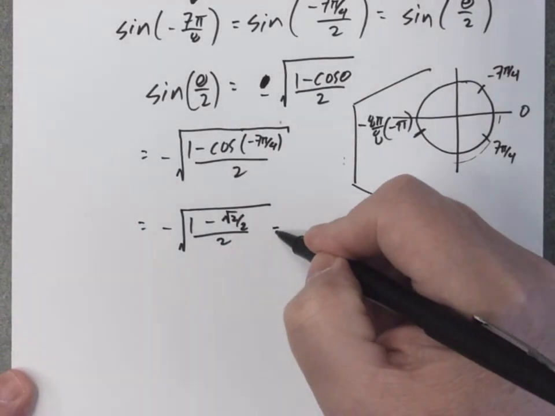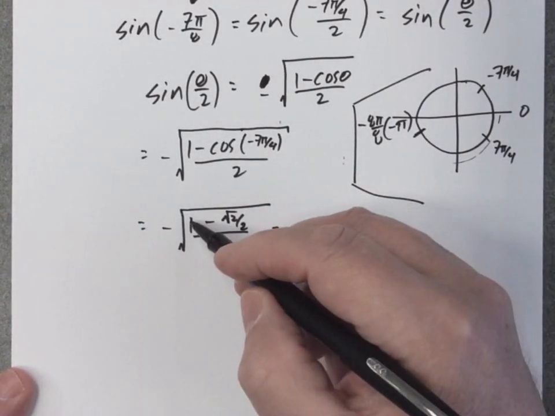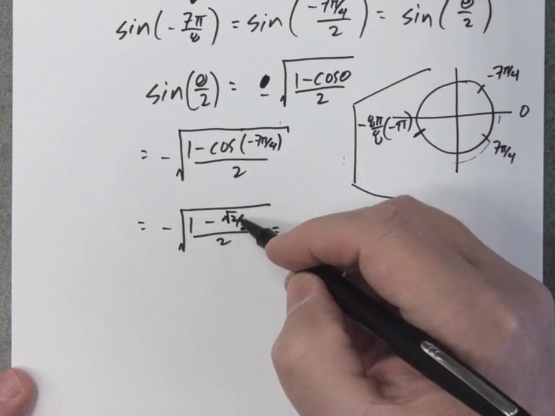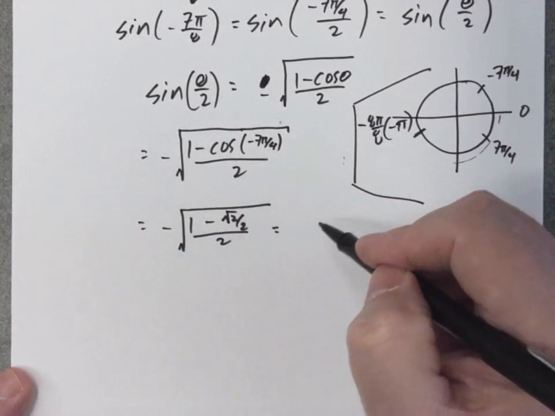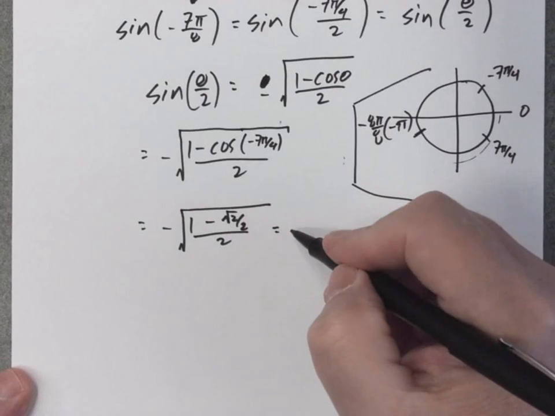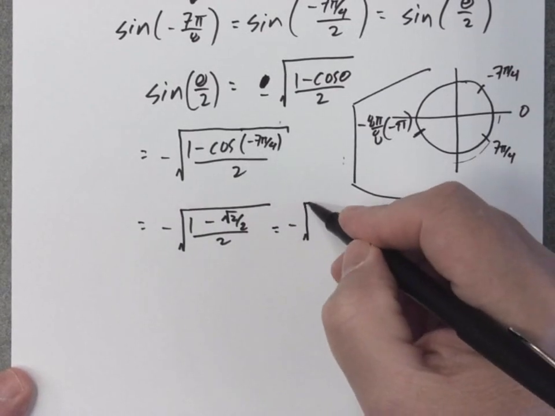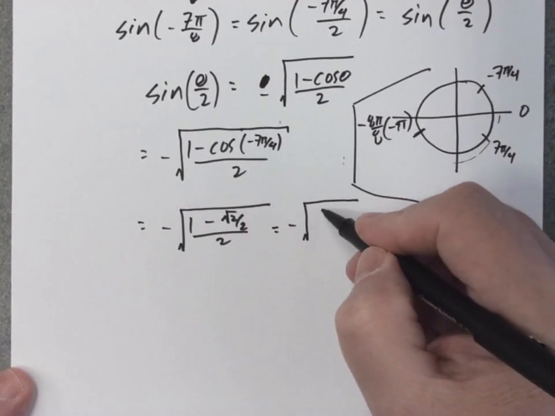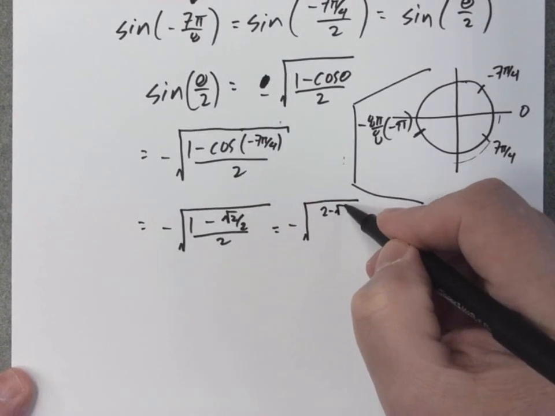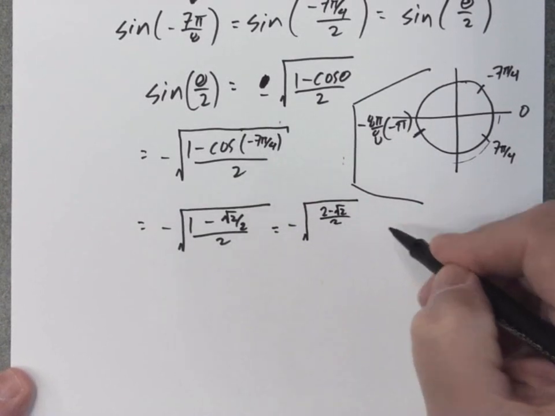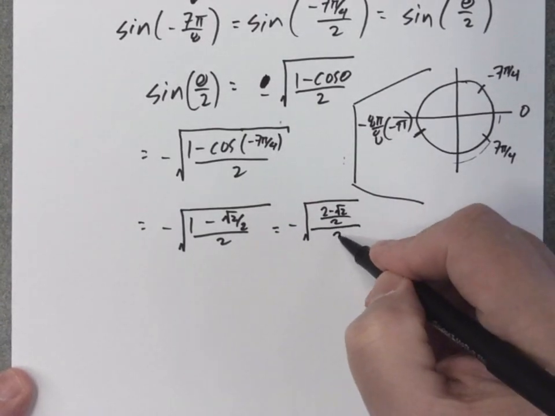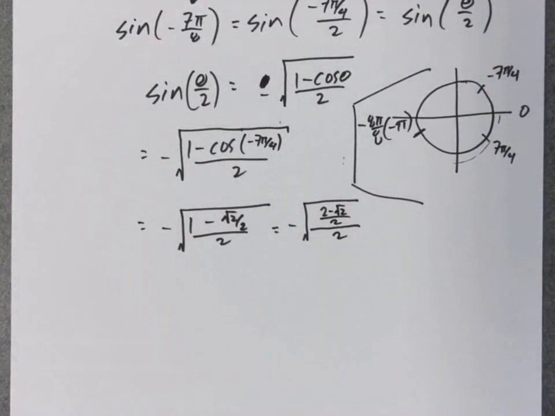I'm going to take 1 minus square root of 2 over 2 and make it into one fraction. I'm not going to show it again because I did it last time, but when you do that, you'll end up with 2 minus square root of 2 over 2. And all that is over 2, and all that stuff is actually under the square root.